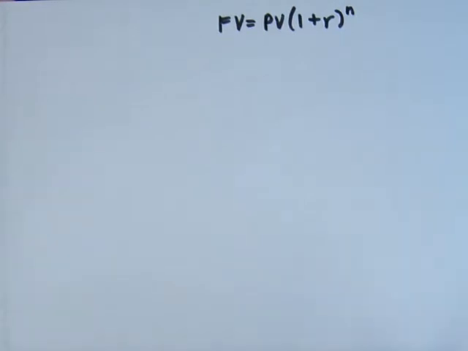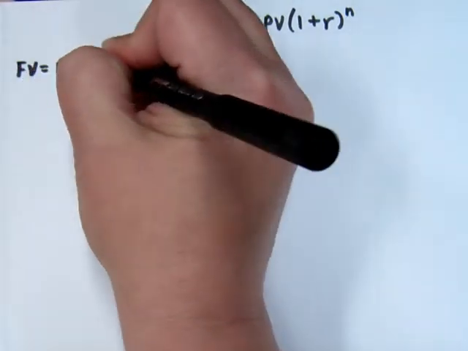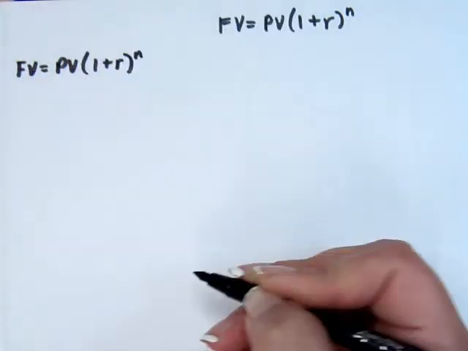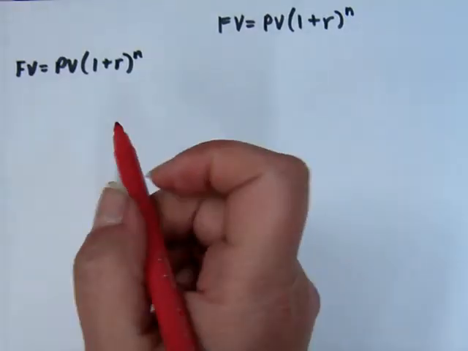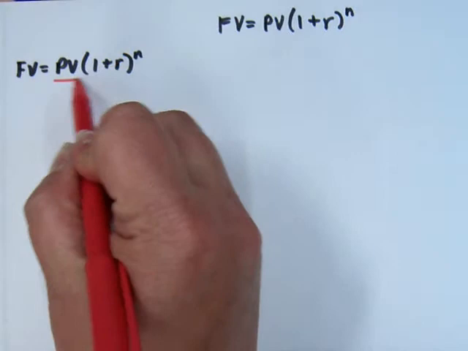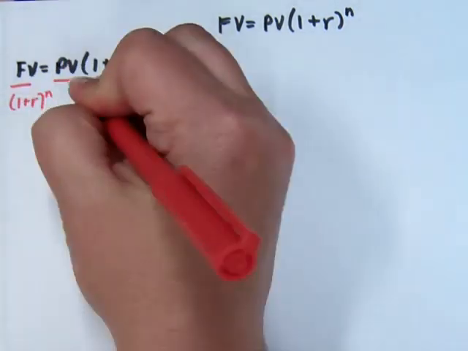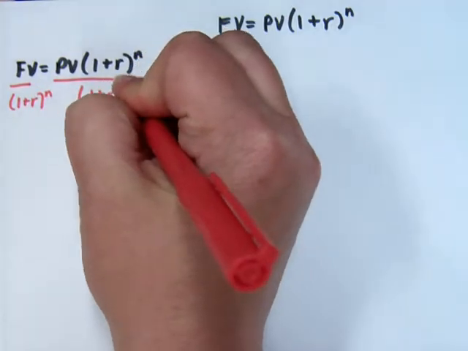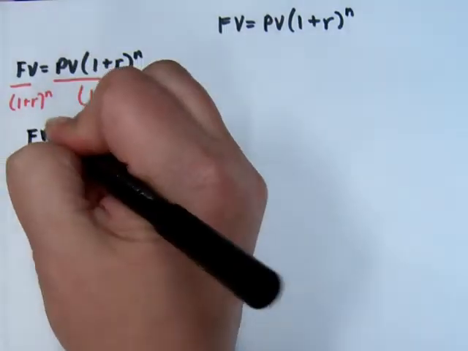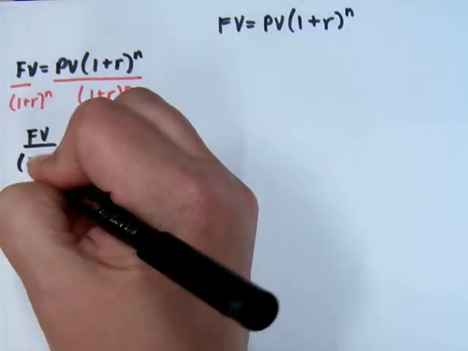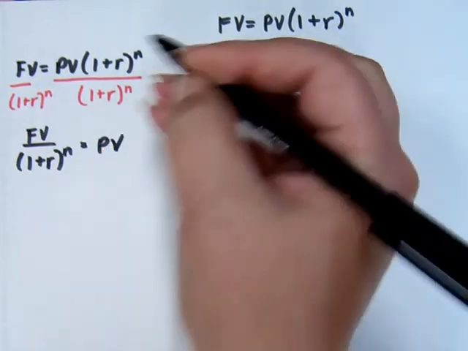Well, we start with our original formula, FV equals PV times 1 plus r raised to the nth. And then we're going to divide both sides by 1 plus r raised to the nth, and that will leave us with FV divided by 1 plus r raised to the nth equals present value.